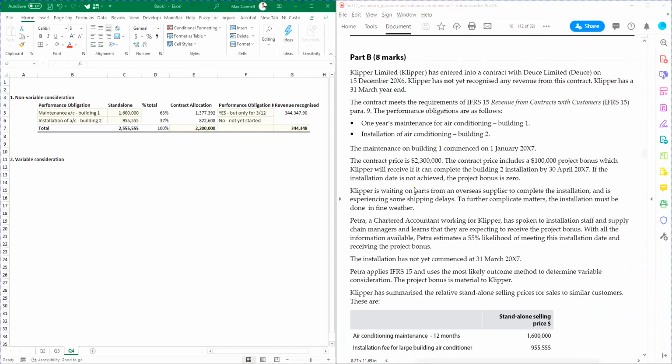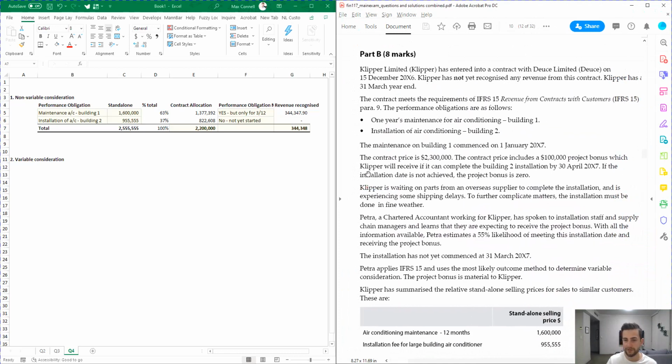On the next point, the background information to the question identifies that there are some factors outside of Clipper's control which will determine whether or not they'll be able to make that installation on time: shipping delays, and it also must be done in fine weather. These two factors make a reversal in future more probable, which makes the argument for the most likely amount methodology less appropriate.